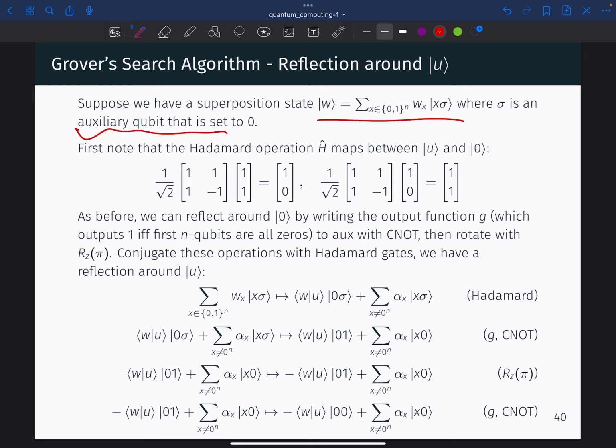First note that Hadamard gates map the uniform superposition state to the 0 state, which is basically all zeros.